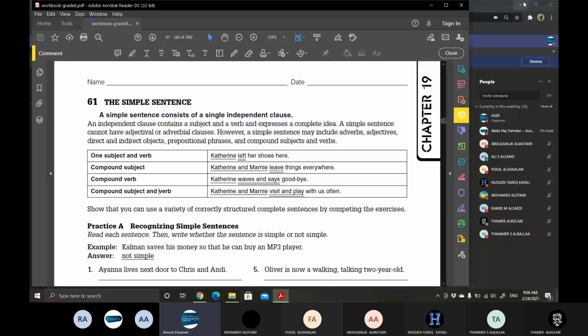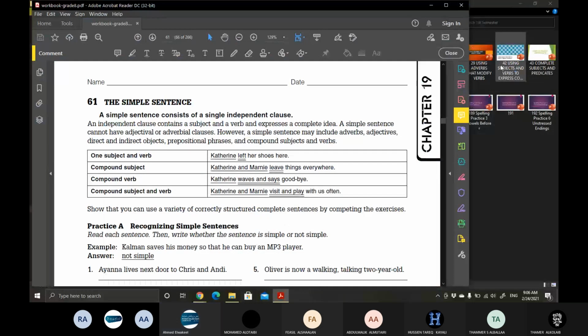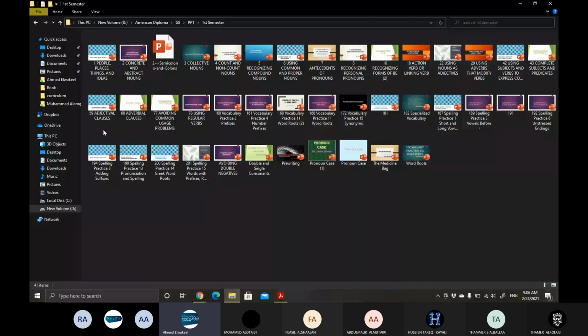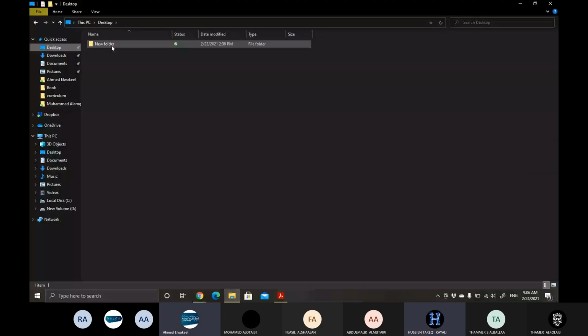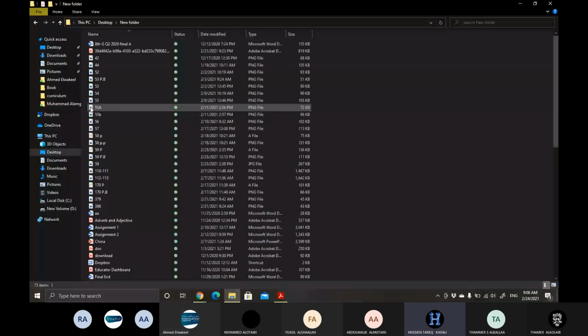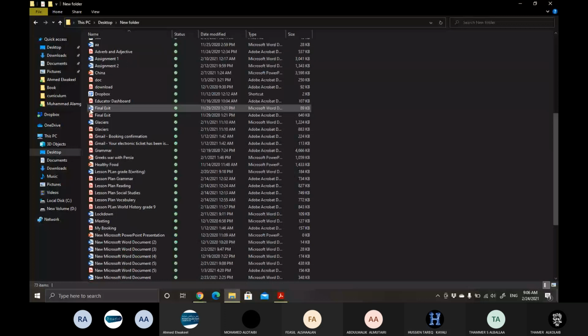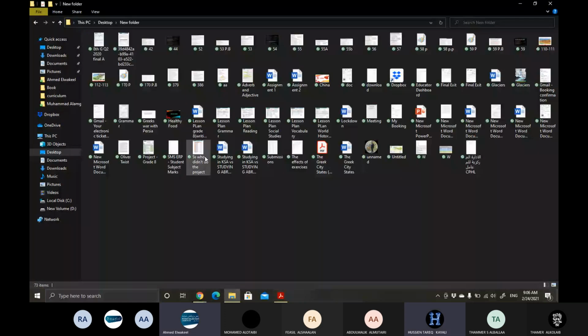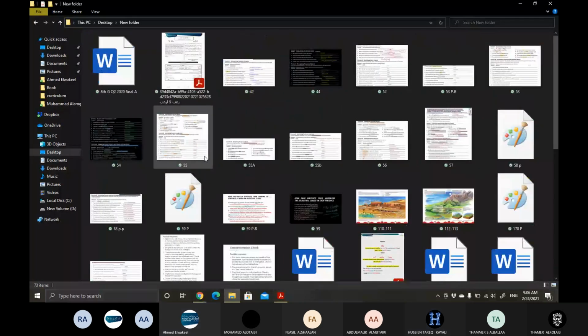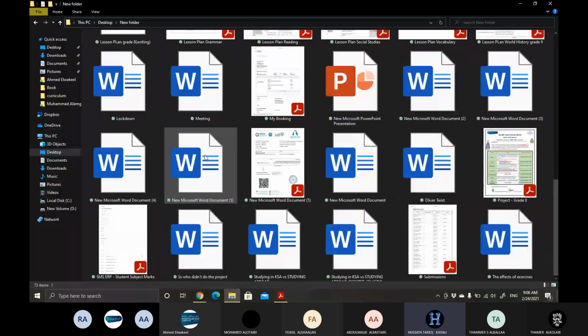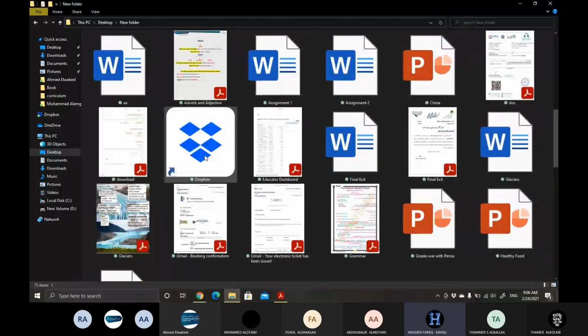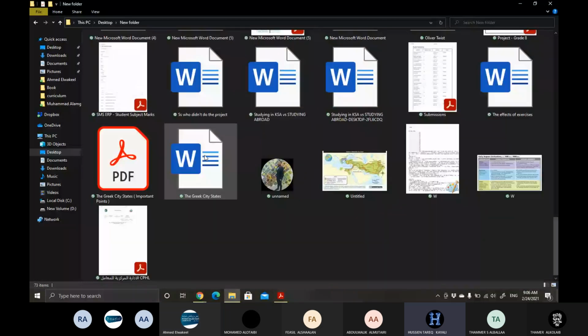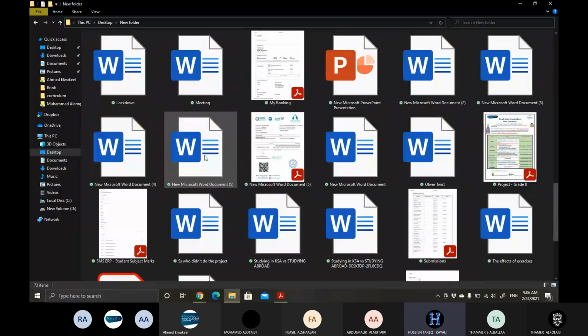So, to speak about the simple sentence, we need to know what is the meaning of the simple sentence. It contains a subject, an object, and a verb. And it consists of only one independent clause.